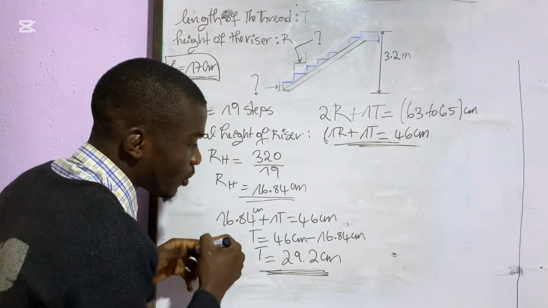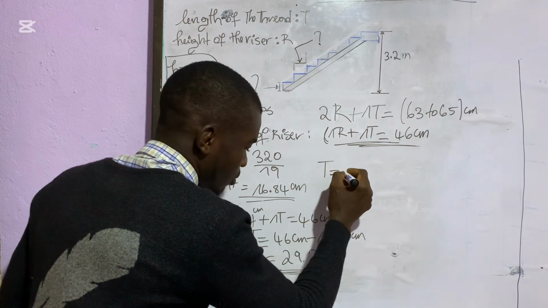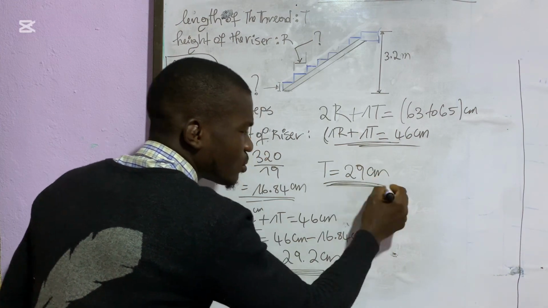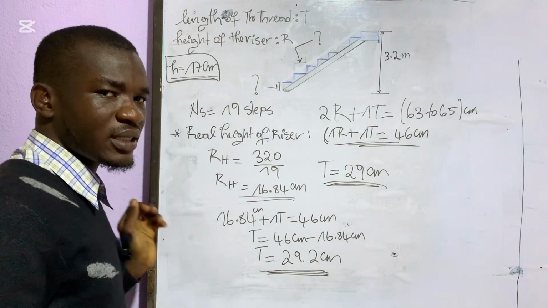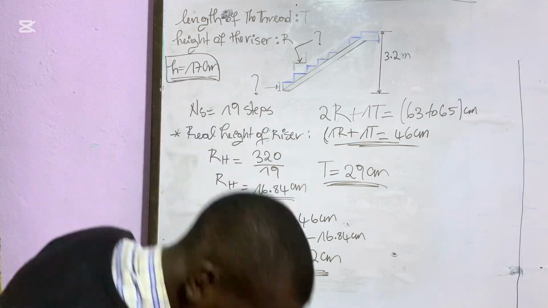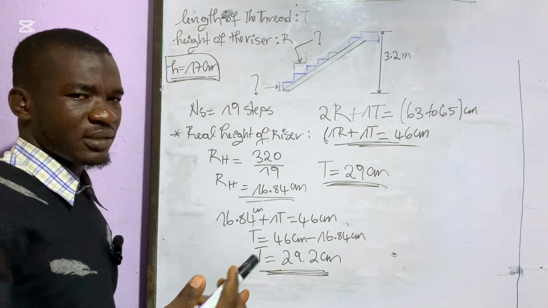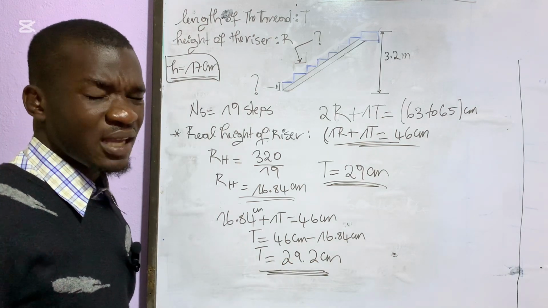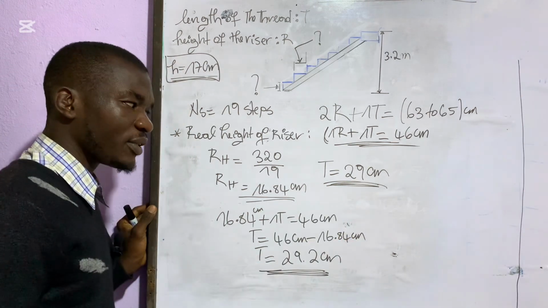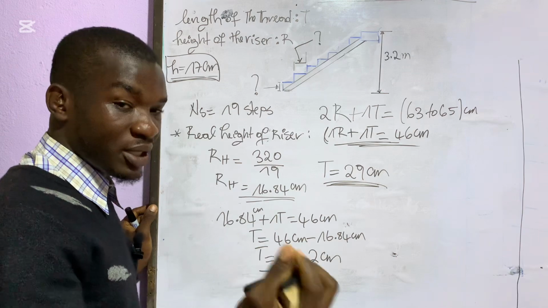So for that, we will work instead with a tray length of 29 centimeter. Here it's very easy for a technician on site to cut a board at a length of 29 centimeter, instead of asking him to cut a board of 29.2 centimeter. So now here we have an executable value, or an applicable value.